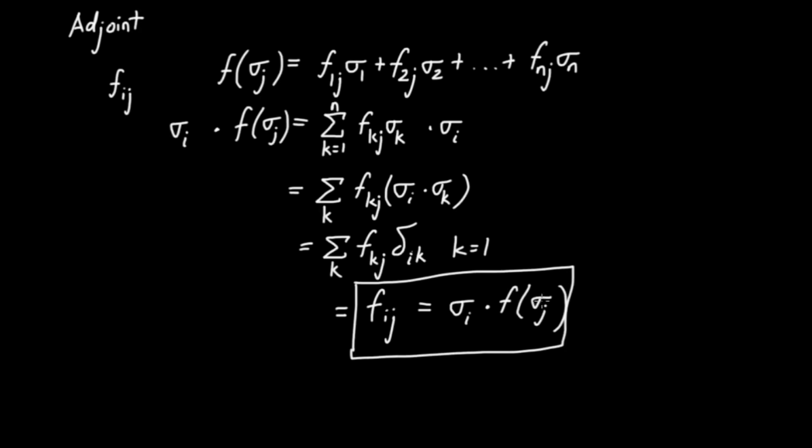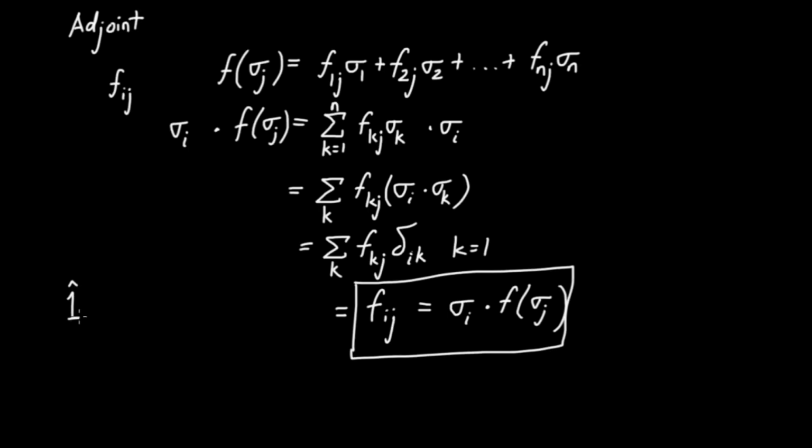And the way we're getting the ith component is simply to dot with sigma i. It's convenient here because it's orthonormal, and it just extracts out the ith component of f of sigma j when it's written out as a linear combination in that orthonormal basis. And as an interesting side note here, suppose f is the identity operator.